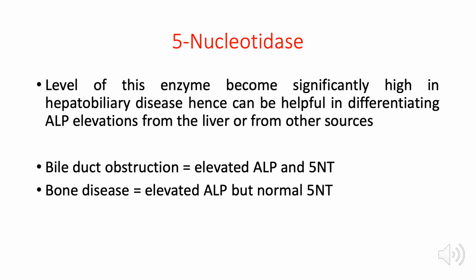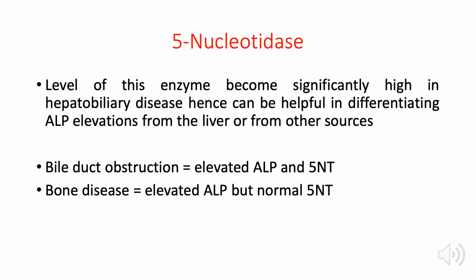That's why we have this next enzyme, 5-nucleotidase. The level of this enzyme becomes significantly high in hepatobiliary disease. So if the ALP is elevated and you're not sure if the elevation is because of the liver or maybe because of the bone, placenta, intestine, and kidney, you should back up your result with 5-nucleotidase, because this one is exclusively found in the bile duct.